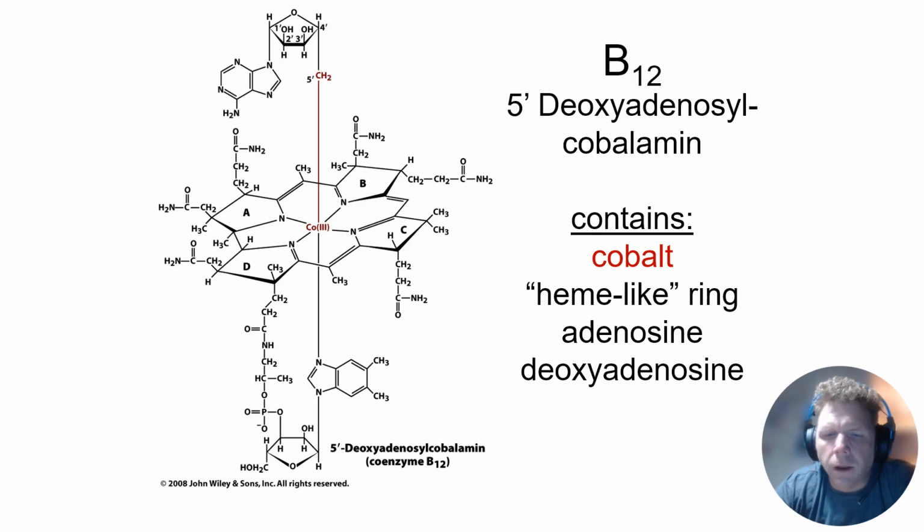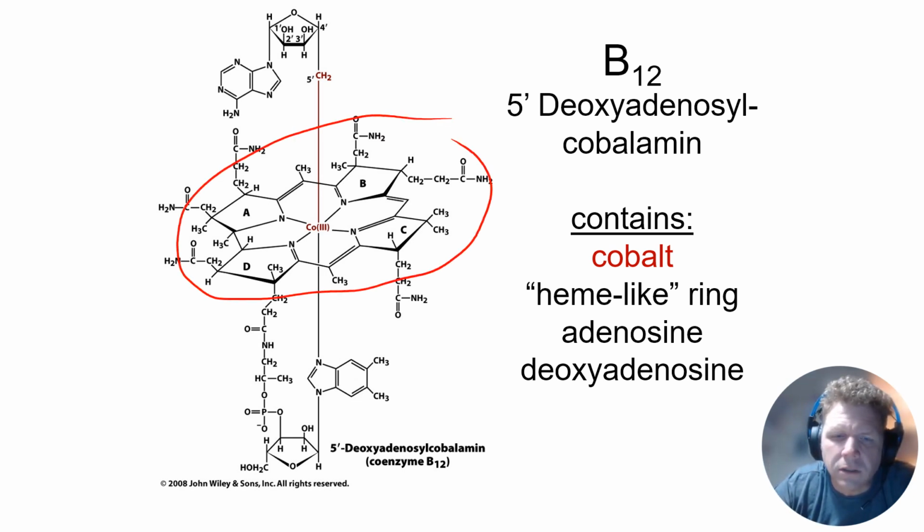Now, what's going to help us do this is deoxyadenosylcobalamin. This contains cobalt. Now, one thing that I want you to recognize about this is, heck, we've got 1, 2, 3, 4 rings that come together to make one big ring.